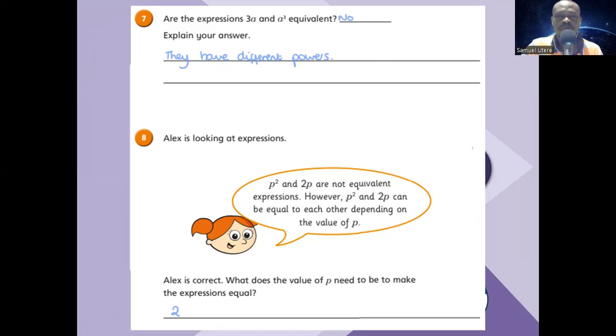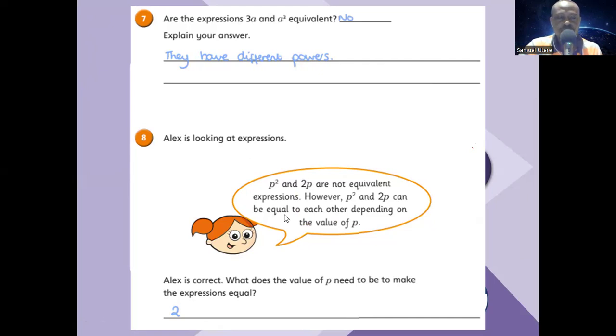So for example, if you put 1, you see that 3 times 1 is 3, and 1 to the power 3 is 1. So they are not equivalent. Because remember, the rule for equivalence: they would be equal for any values of the variables in the expression.